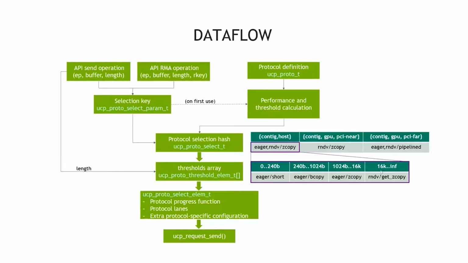So we could have one array for protocols assuming that memory could be registered, and another array of protocols as the second priority if the memory could not be registered. It could be different altogether. Maybe it would be a completely different set of thresholds if we can't register memory.